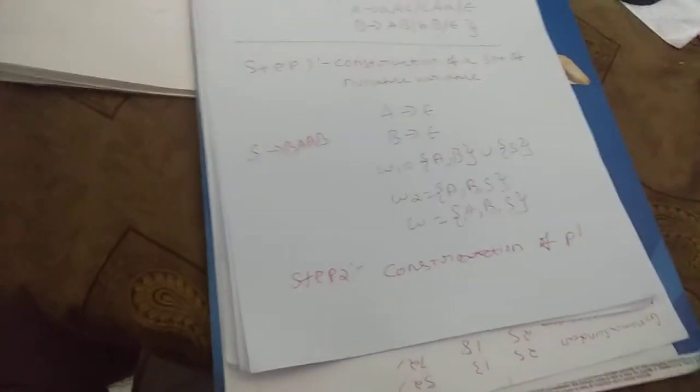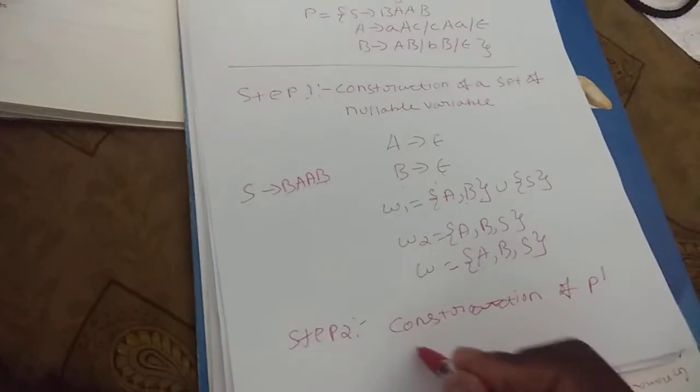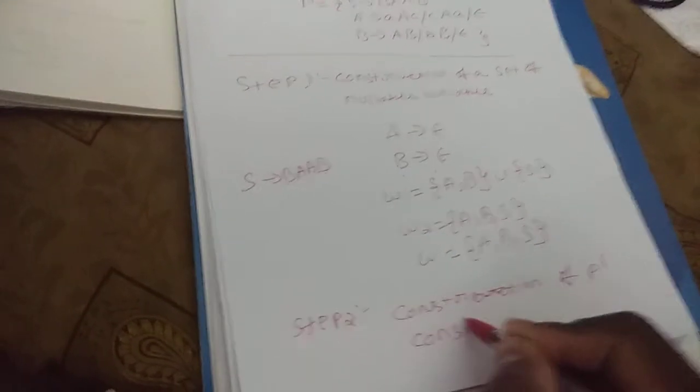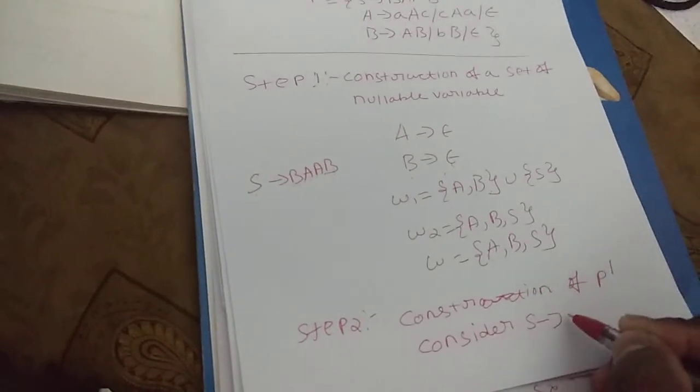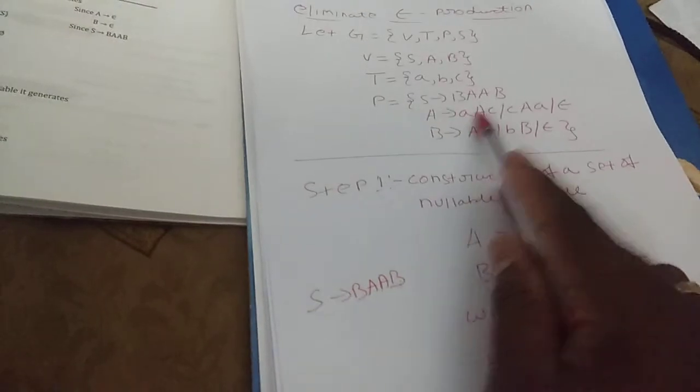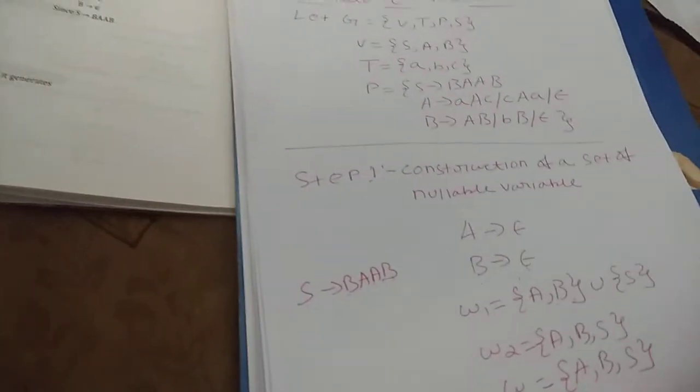What do we mean by P dash? I will show you. Consider the first production, S tends to BAAB.